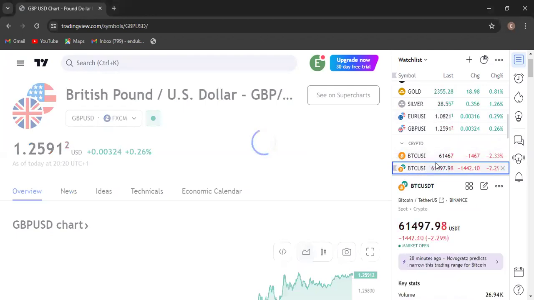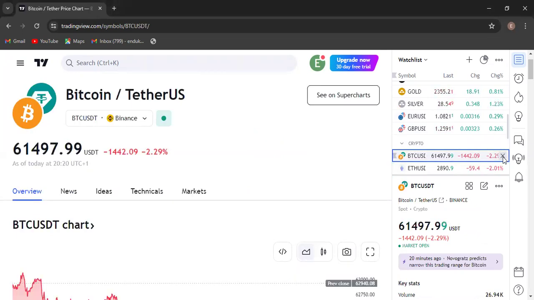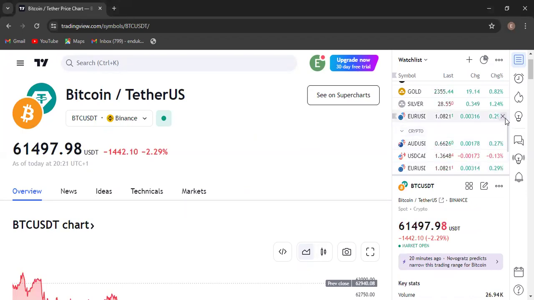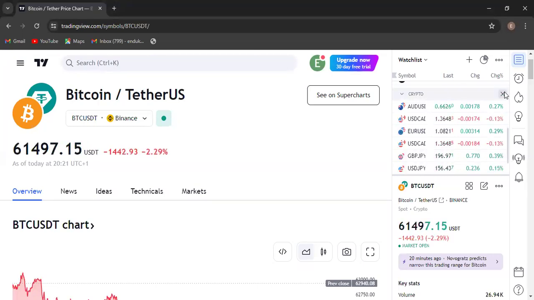These are crypto and all of those. But I want to focus on Forex, because what you learn with Forex is the same thing you will use for crypto.